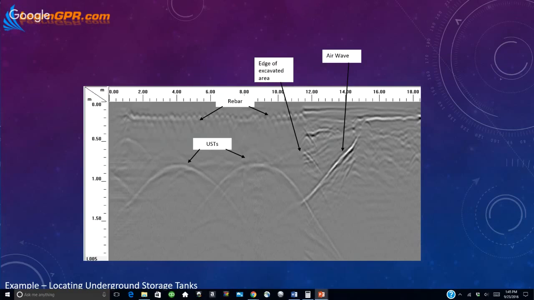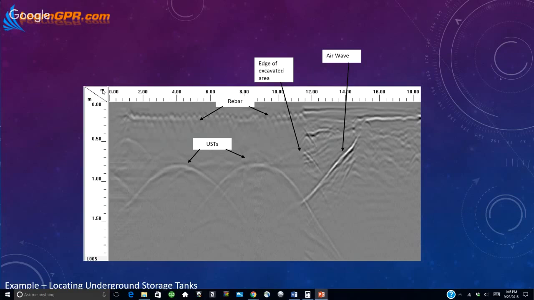And as it spreads out across the ground and we're moving closer and closer to it, it's reflecting off of that object back to our GPR, but it's taking less and less time, which is why it looks less and less deep. It's ascending towards the ground surface as you move from left to right, because we were getting closer and closer to that object. But if we didn't know how GPR waves behave, we wouldn't be able to understand that was a ground surface reflection. So that is the ground surface, not the side of a trench wall.